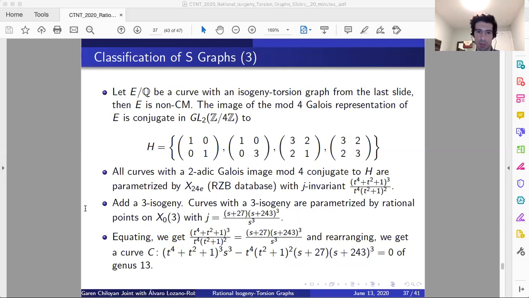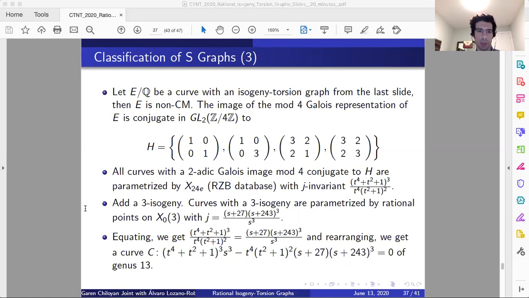We can find the j-invariant of this curve X24E, which I wrote here in the variable t. If we add a 3-isogeny, all curves with a 3-isogeny are just non-cuspidal rational points on the modular curve X0(3). It does not matter whether you have a rational point of order 3 or not. The j-invariant of these curves is written here with variable s.